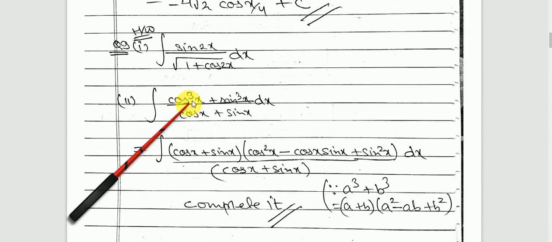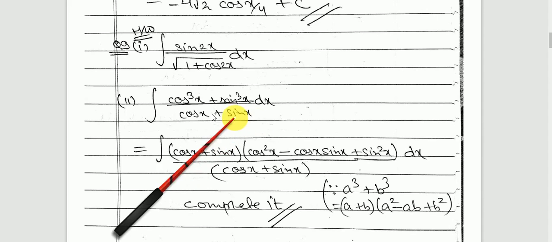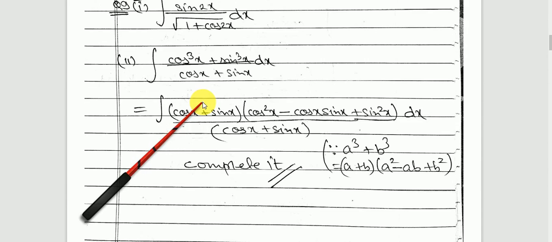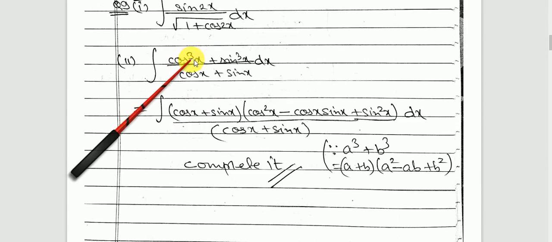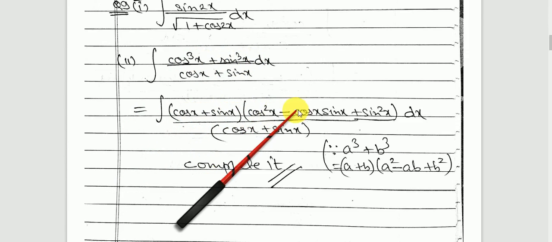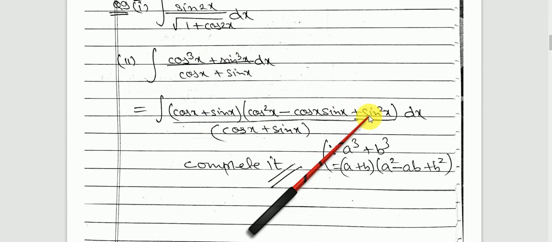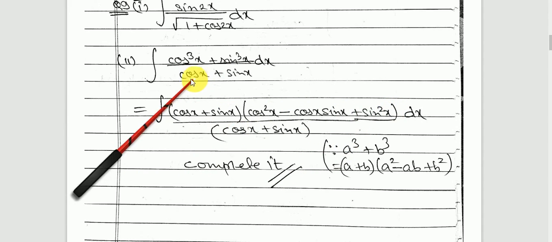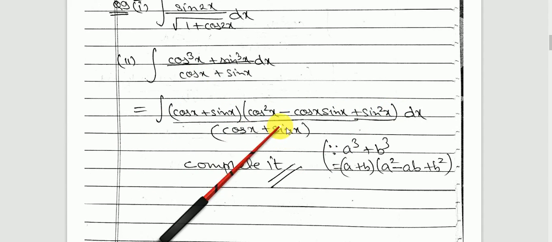Next is here cos cube x plus sin cube x upon cos x plus sin x. So here this is a cube plus b cube type, so we can write this cos x plus sin x in bracket cos square x minus cos x sin x plus sin square x, and down we can write the same thing, cos x plus sin x.